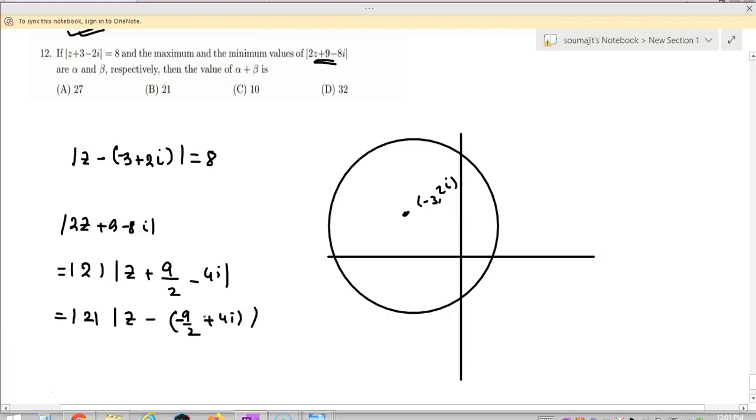Now minus 9 by 2 means minus 4.5. So this is 3, this is 4, 4.5 and 4i. So the point will be there: -9/2, 4i.